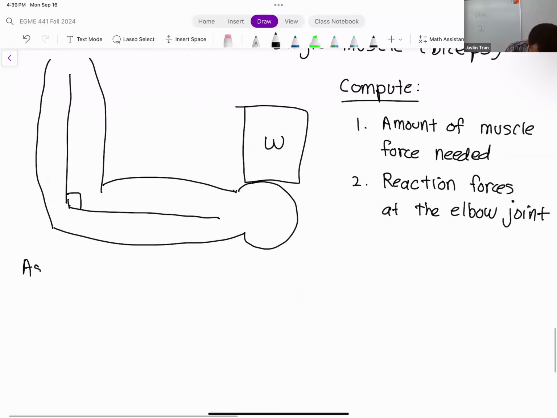Okay. And so let's list our assumptions. So let's assume. First thing we're going to assume is that we only have one muscle here.